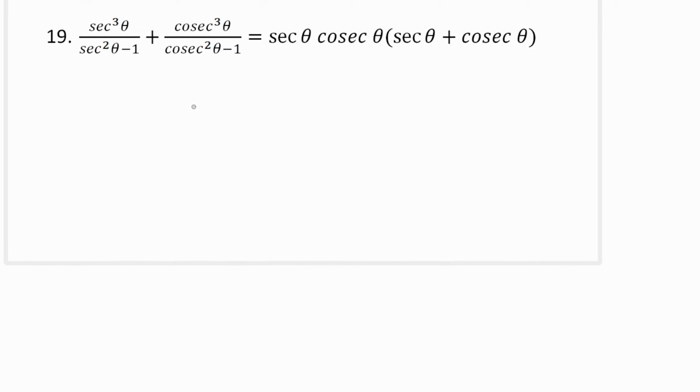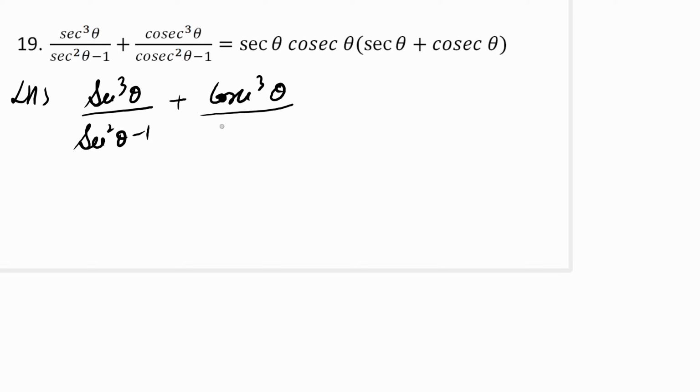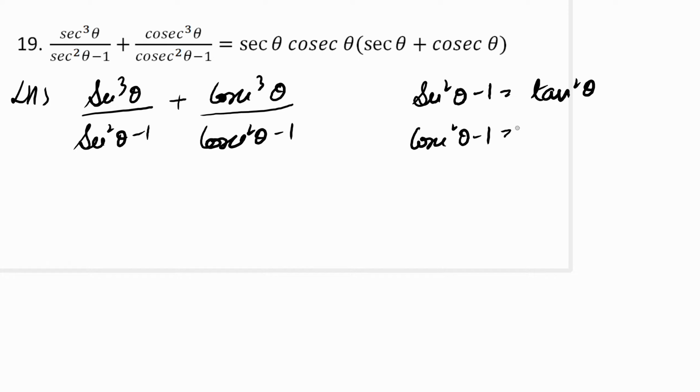The left hand side is sec cube theta upon sec square theta minus 1 plus cosec cube theta upon cosec square theta minus 1. We have sec square theta minus 1 equal to tan square theta, and cosec square theta minus 1 equal to cot square theta.